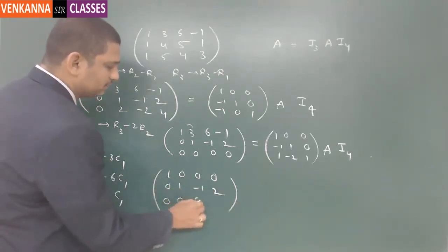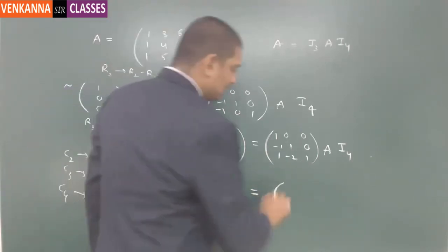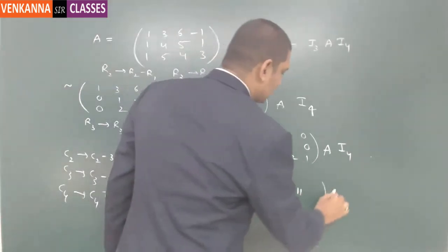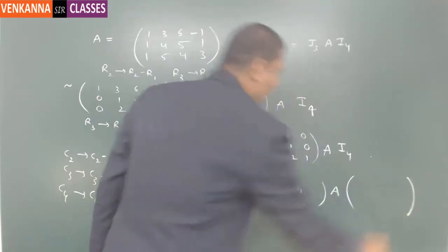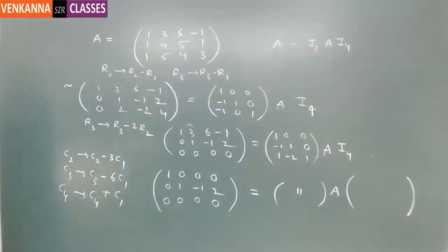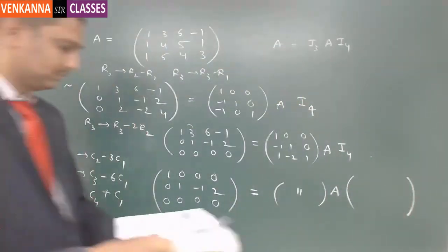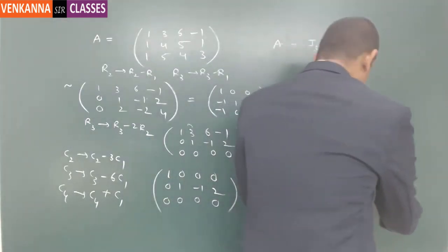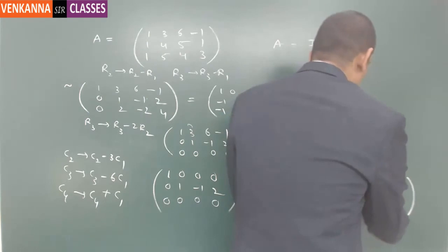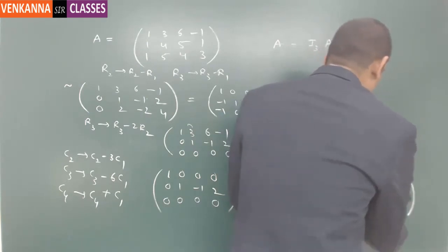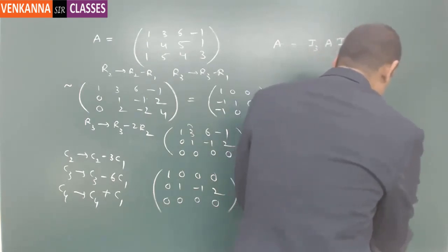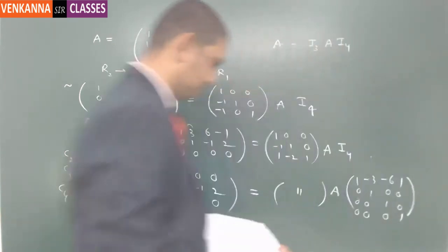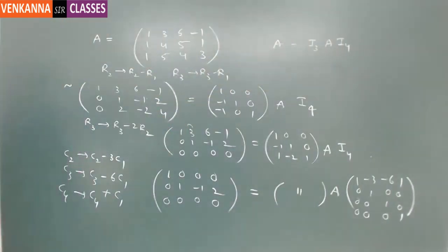Already this is 0. And this factor will remain as it is. This is A. And for I4, you are going to get a new matrix as 1, minus 3, minus 6, 1, 0, 1, 0, 0, 0, 0, 1, 0.